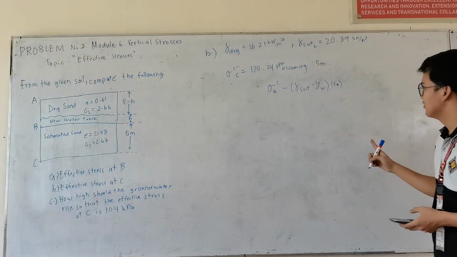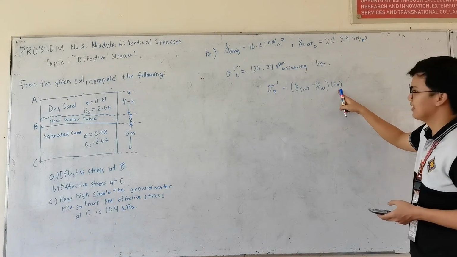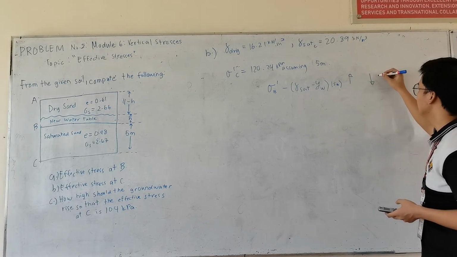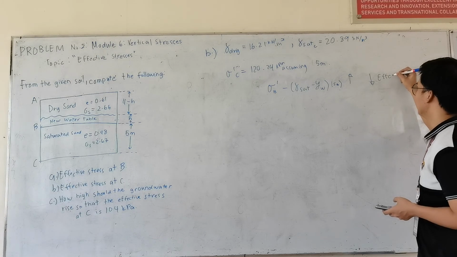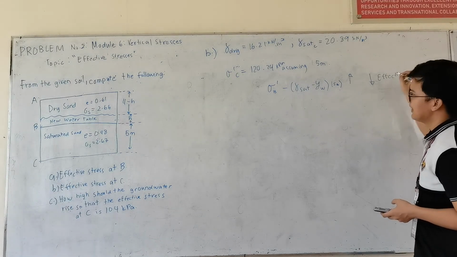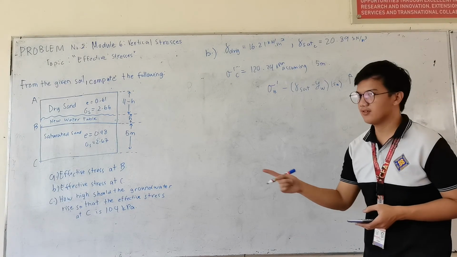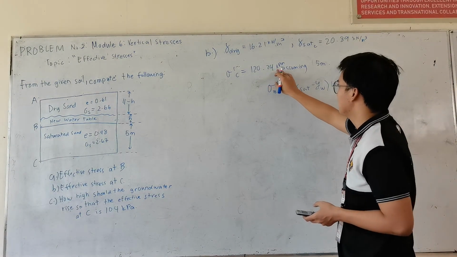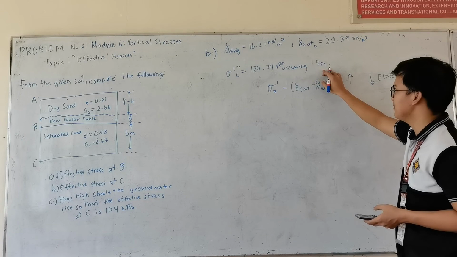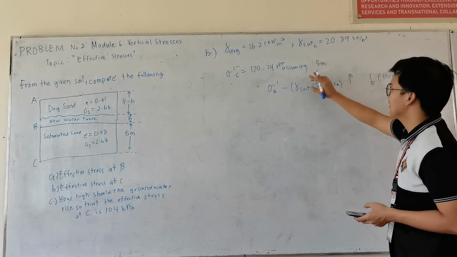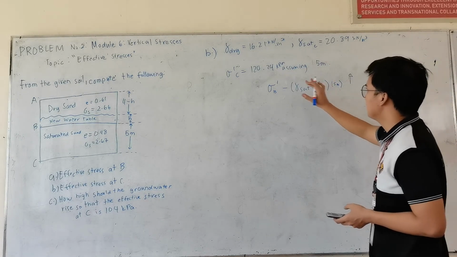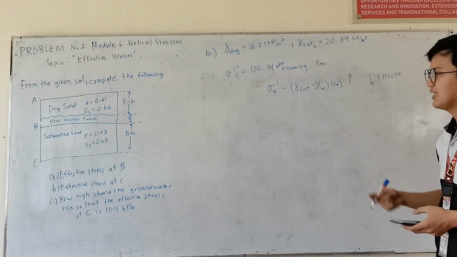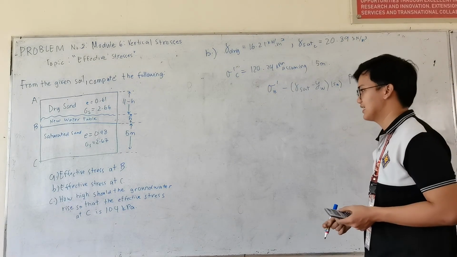Kapag tinaasan ko ang ating value ng height, ibig sabihin, bababa yung value ng effective stress. Ang pinapahanap sa atin is 104 kilopascal. So kanina, 120.24 kilopascal, assuming 5 meters. So, ibig sabihin, kapag tinaasan ko pa yung groundwater table ko, bababa pa yung ating effective stress hanggang sa makuha natin yung 104 kilopascal.